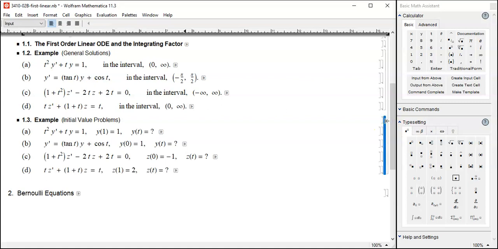Here are some initial value problems, and please take a look at these problems here. They all correspond to all these. And we just did this problem. So why don't we go to this problem and complete it? I'll leave the others to students.